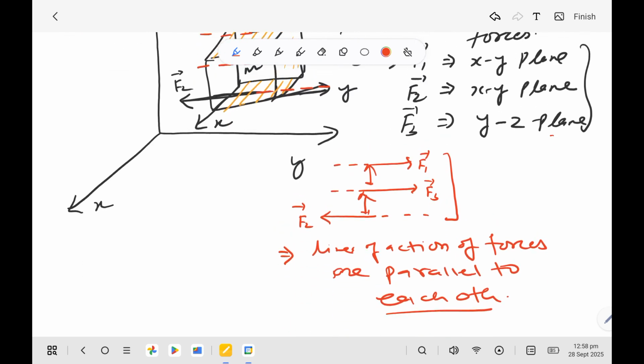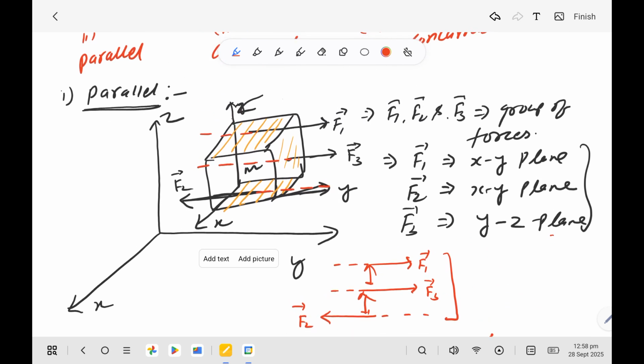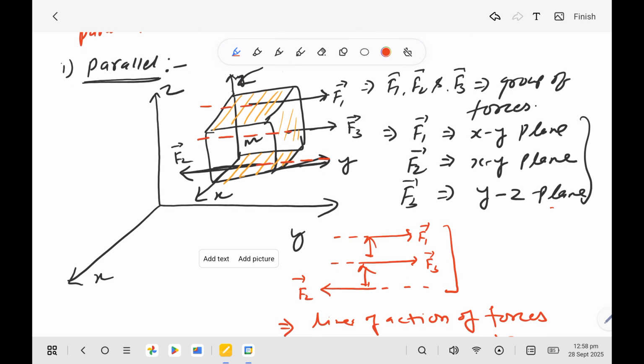Okay, so this is the example of the parallel non-coplanar system of forces. It means the forces will lie in different planes, but the lines of action of the forces will be parallel to each other.